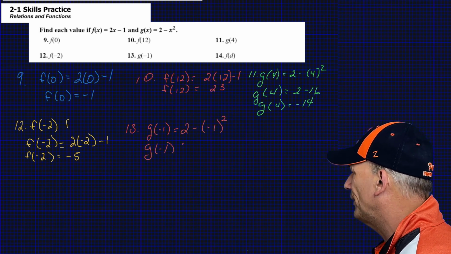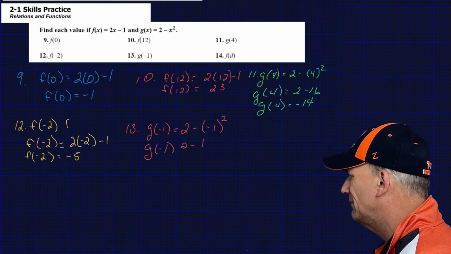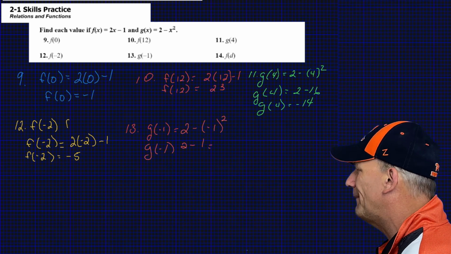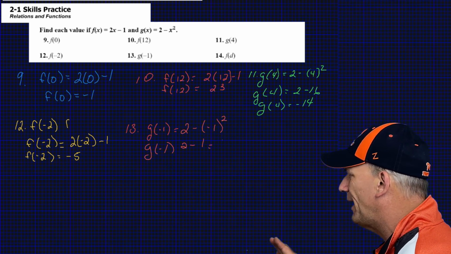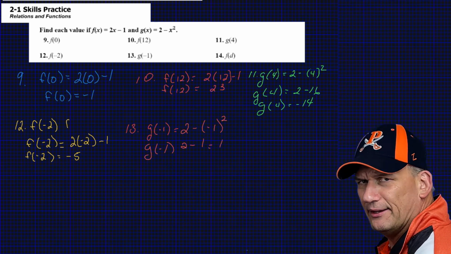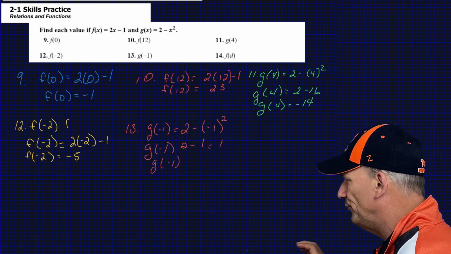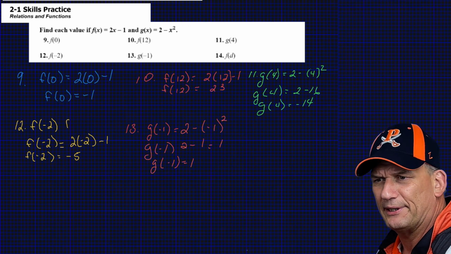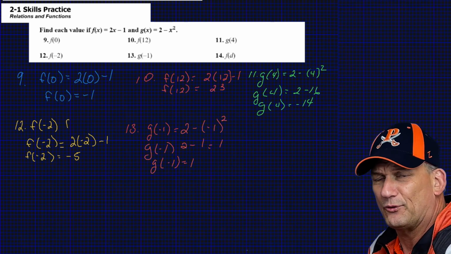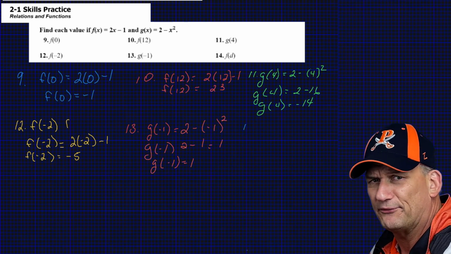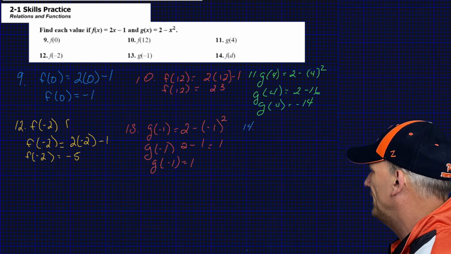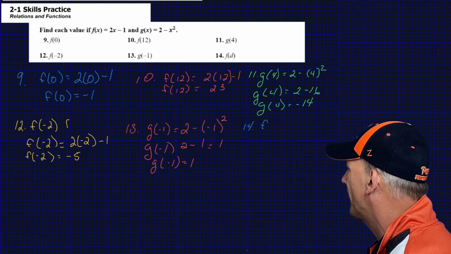So -1 squared is a +1. Then we have 2 minus a +1. Do not mess up on these signs, okay? Make sure you put the parentheses, don't skip any steps, because inevitably, even if you get the correct answer, you'll probably drop the sign. And g of negative 1 in the end equals 1.